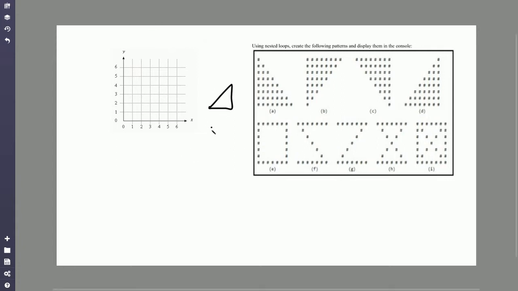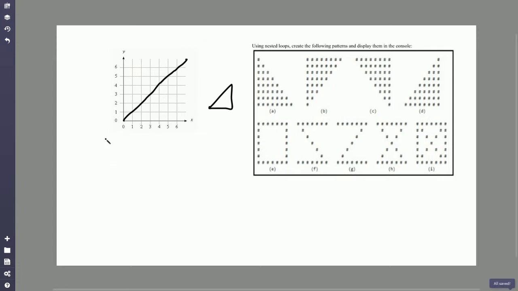So the first thing that I like to do is to think about how to describe that line just using regular math terms. This one's a pretty simple one to think about. Our rise over run is just going to be 1, so our slope is going to be 1, and then our y-intercept is going to be the origin, which is going to be 0, 0. So if I draw a straight line, it's going to go up like this.